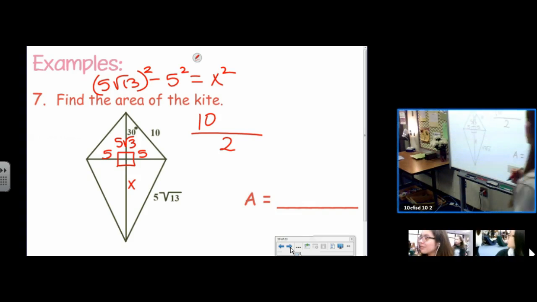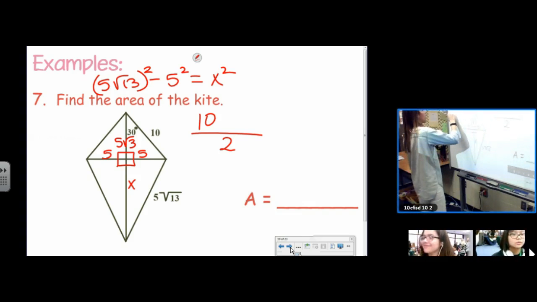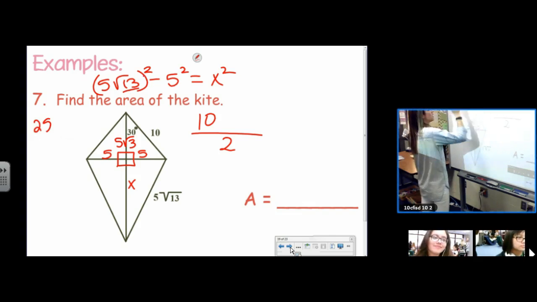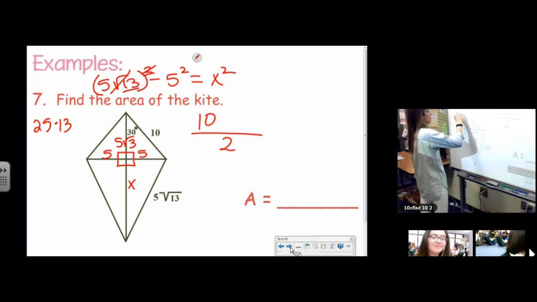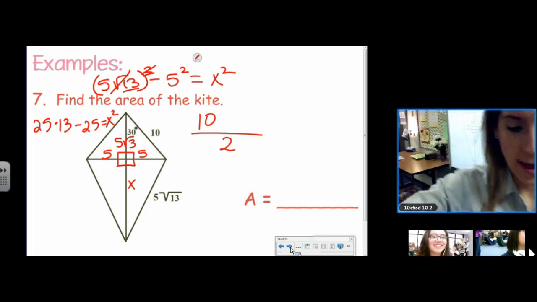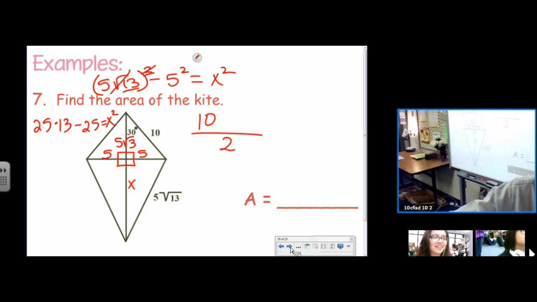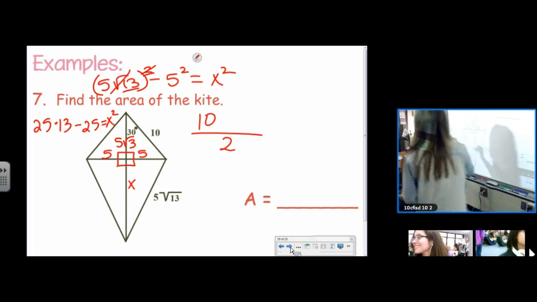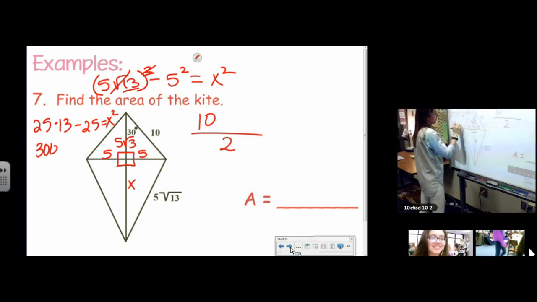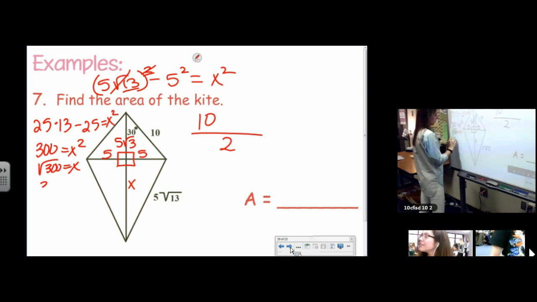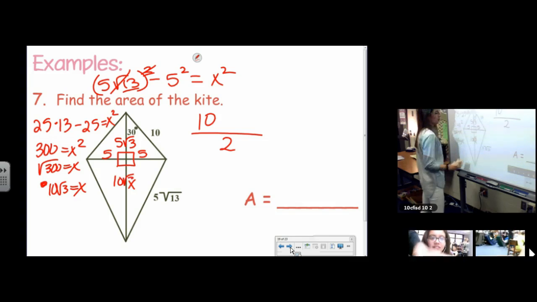Okay, so 5 squared is 25. Square root of 13 squared is just plain old 13. They cancel. Minus 25. So I am doing good old Pythagorean theorem. 25 times 13 minus 25. You get 300. Cool.